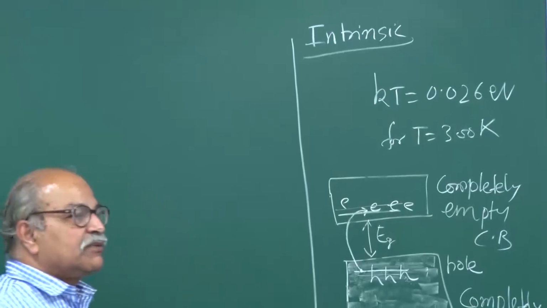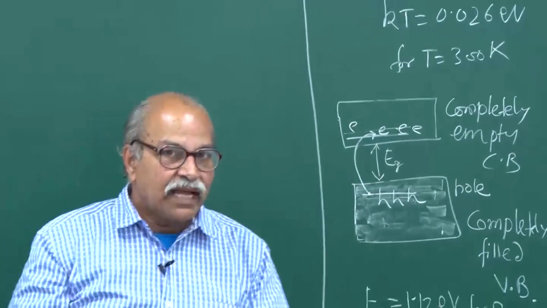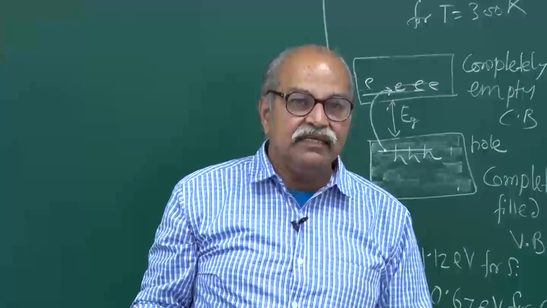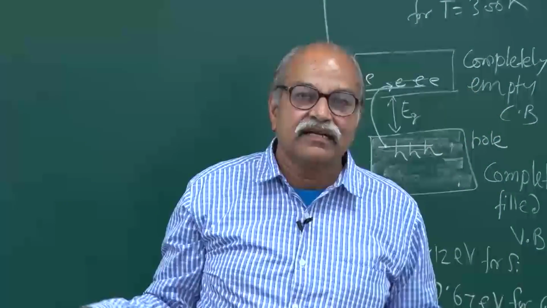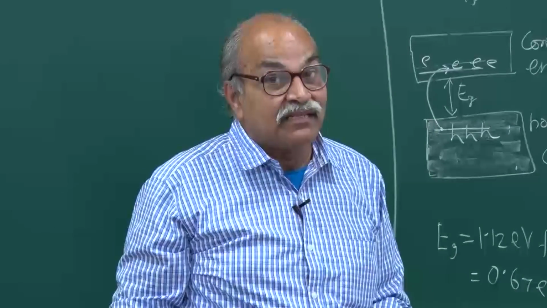So intrinsic semiconductor means the semiconductor has its own band structure, and any electron in the conduction band has come from the valence band.